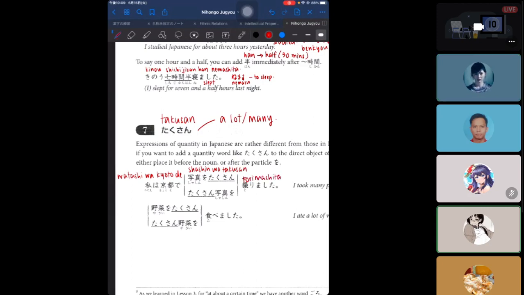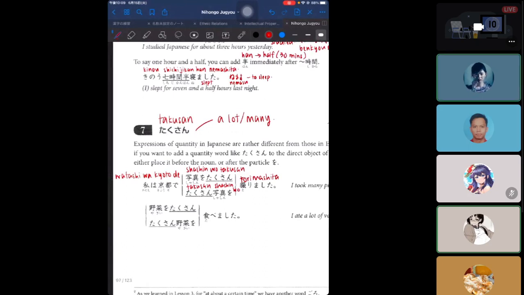So 私は京都で, at Kyoto I, and then 写真 is pictures, をたくさん, and then 撮りました.